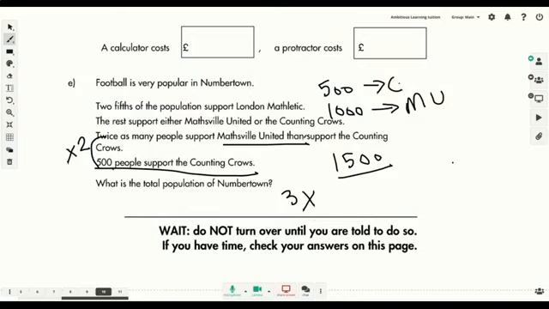You need to find out the total number. 2/5 of the population supports London Metallic, so it supports LM.